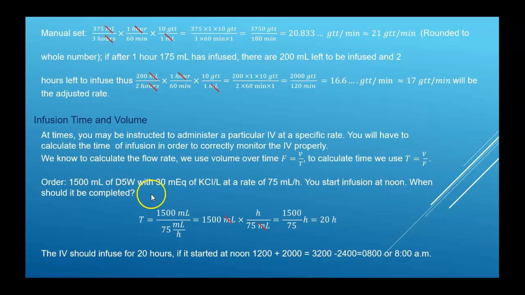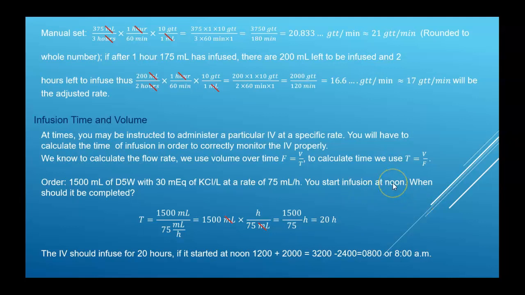When should it be completed? So, to find the time for this entire bag, your volume over your 75 milliliter rate, 20 hours. So the entire bag should be emptied in 20 hours.